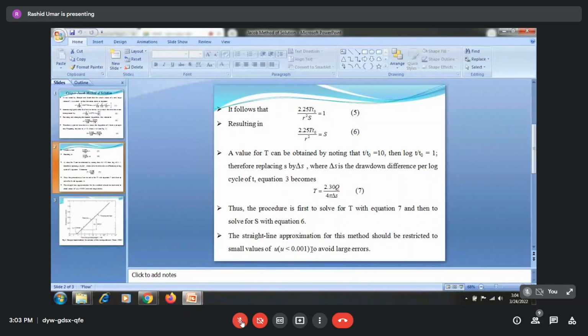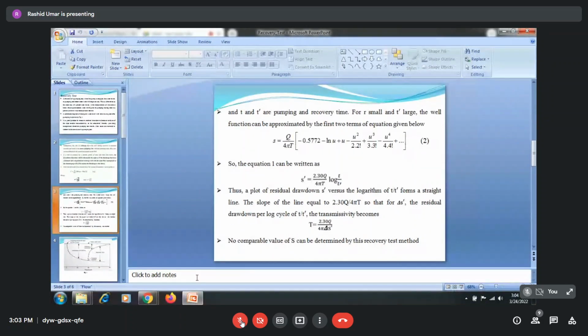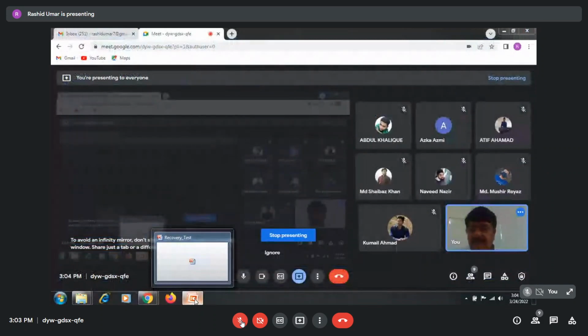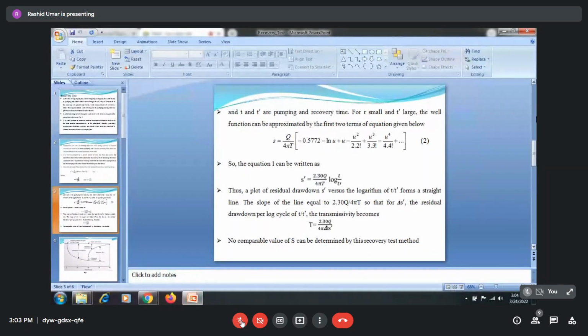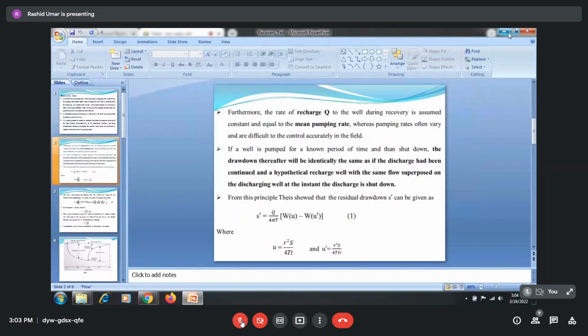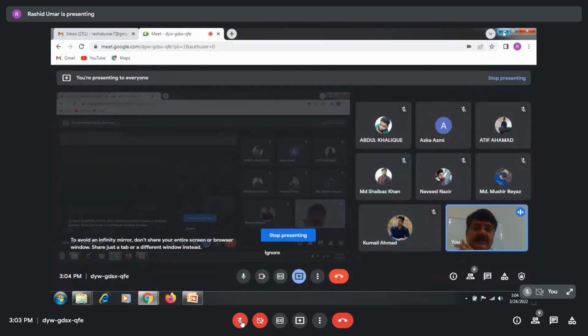So this is all about Jacob's method, and I'll switch over to the recovery data because time is short, so we have to do it a little faster. Just tell me what is the recovery and how it happens. Who will tell? What is this time recovery data analysis?